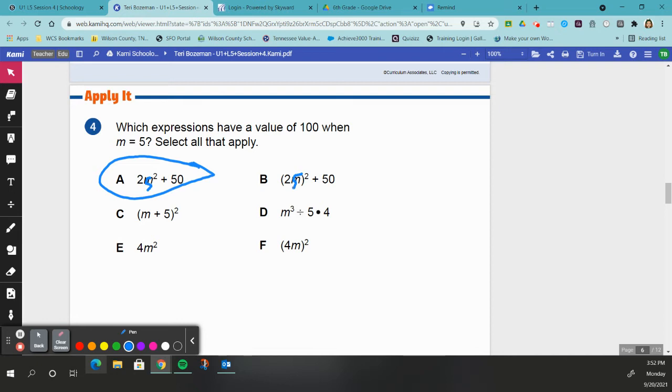Then we have C. If I plug in 5 here, that would be 5 plus 5, which is 10. 10 squared is 100. If I plug in 5 here for D, then I would have 5 cubed. 5 times 5 is 25. 25 times 5 would be 125.